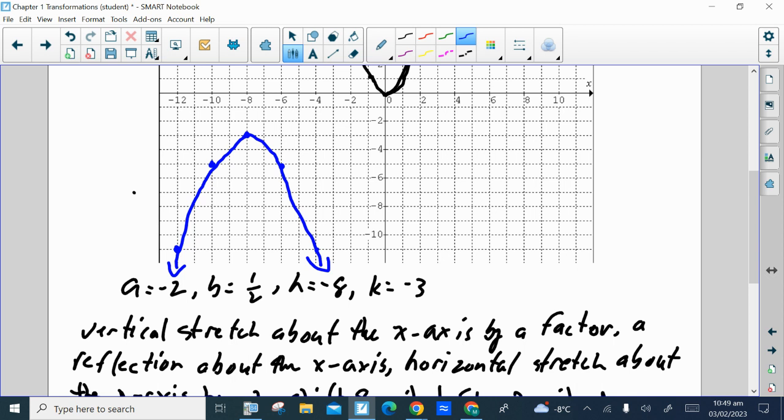Our new equation, remember, because the x was squared, the b and the bracket x minus h must be squared as well.